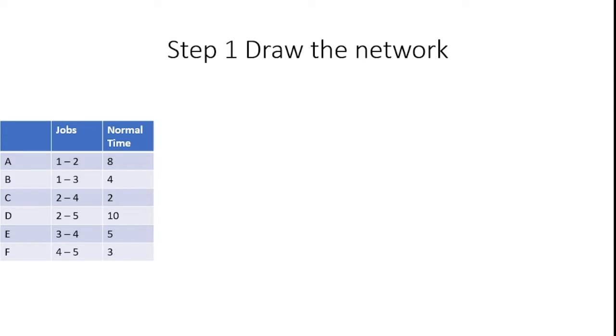How can we solve this? First step for a least cost schedule problem: draw the network according to the problem. The activities are A, B, C, D, E, F, and the job sequence is 1 to 2, 1 to 3, 2 to 4, 2 to 5, 3 to 4, and 4 to 5, with normal times 8 days, 4 days, 2 days, 10 days, 5 days, 3 days. How can we draw the network?